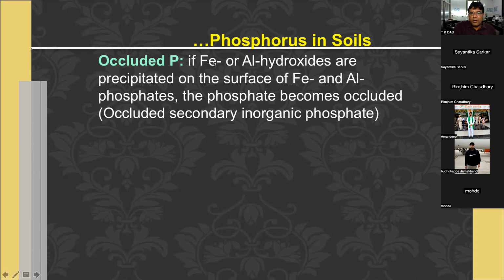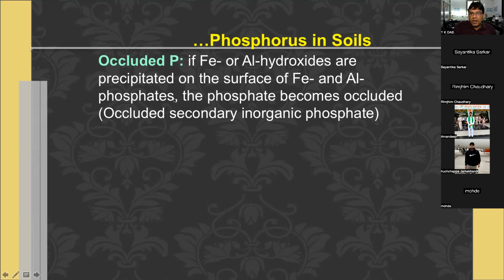If iron or aluminum hydroxides are precipitated on the surface of iron and aluminum phosphate... Actually, what happens when you add water-soluble phosphatic fertilizer is that it is immediately converted into iron and aluminum phosphate.